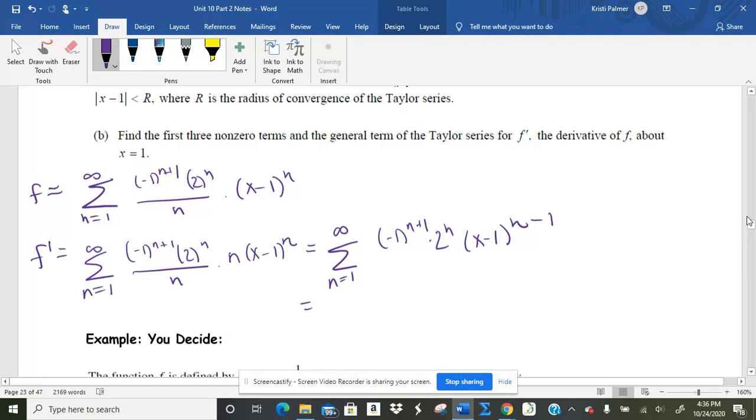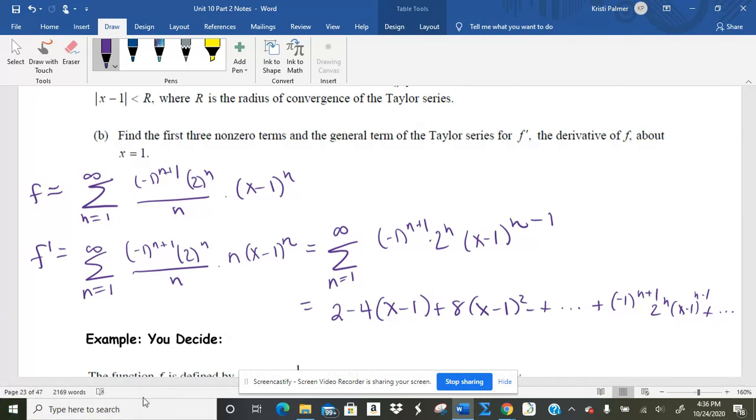And I want to see if you can do it, so pause me and then I'm going to write what I got. And that's what I wrote. All right, so read the next one, and then let's try it together.